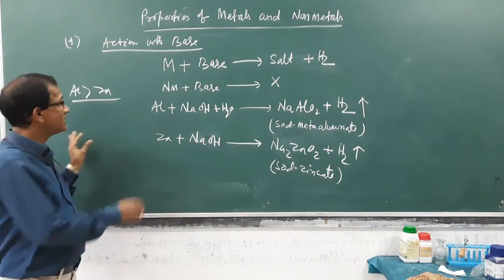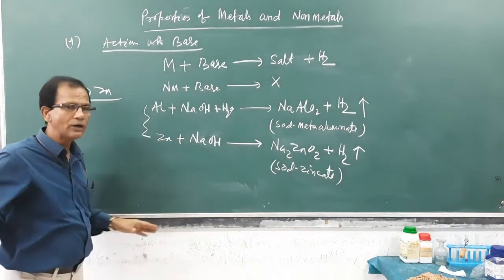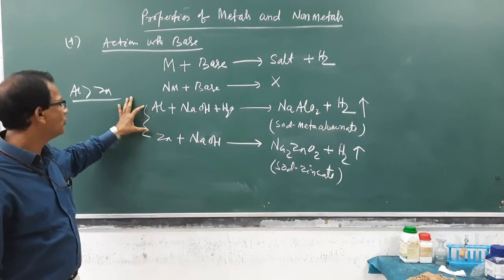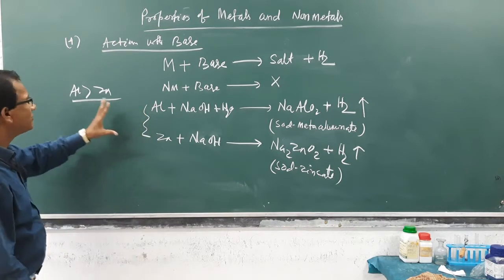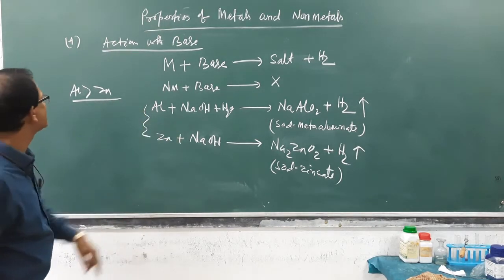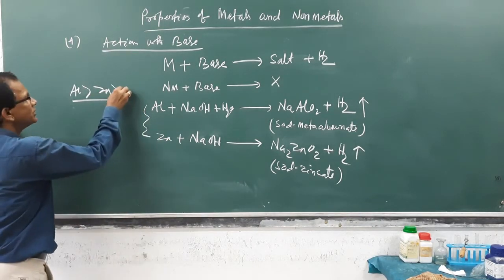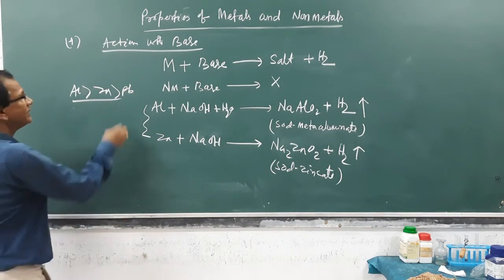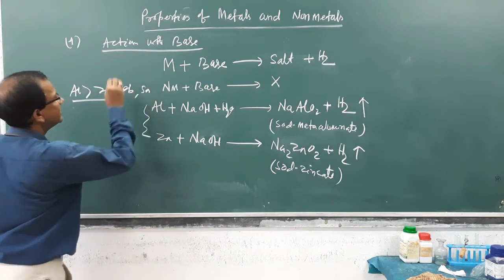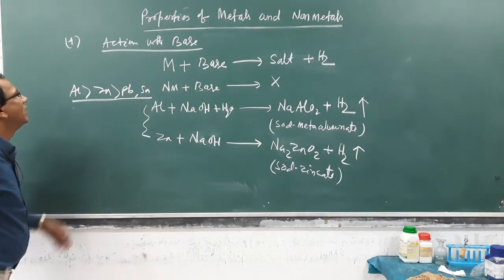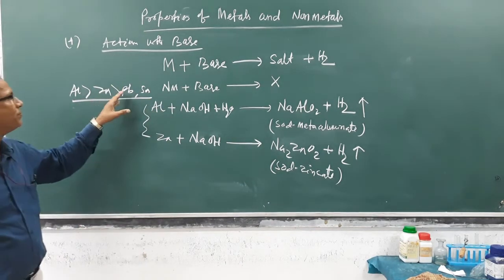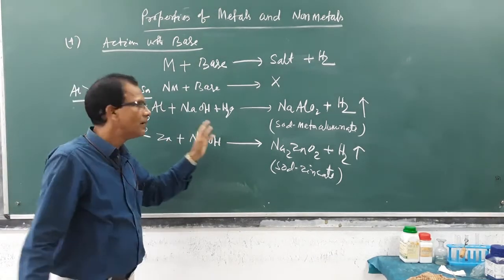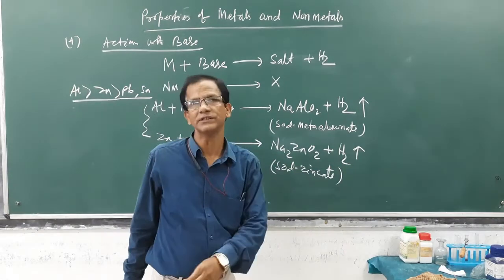So this is the conclusion. But these metals are not very reactive metals. These selected metals, aluminium, zinc, what are the metals which react with base? Aluminium, zinc, Pb lead, tin. These metals react with base, forming salt and hydrogen gas.